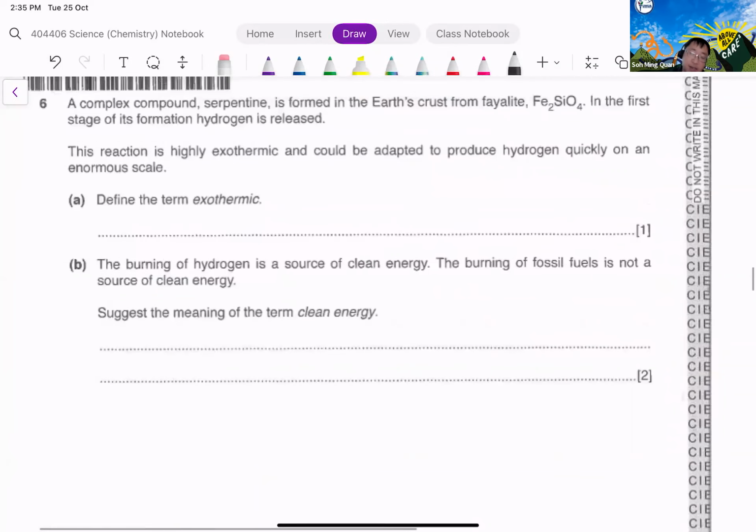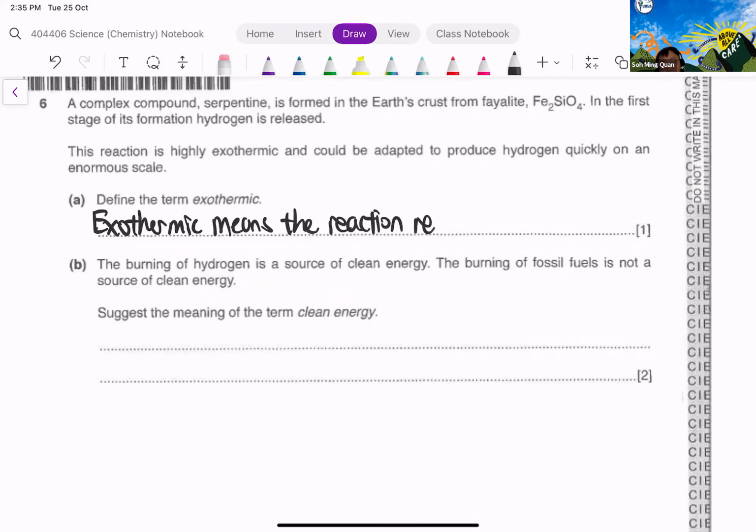Now, question 6. Many students just ignore the first part, okay? But you need to read. Now, this reaction is highly exothermic. What does exothermic mean? I'm sure you know by now. Exothermic is not difficult. Exothermic means the reaction releases heat energy to the surroundings.